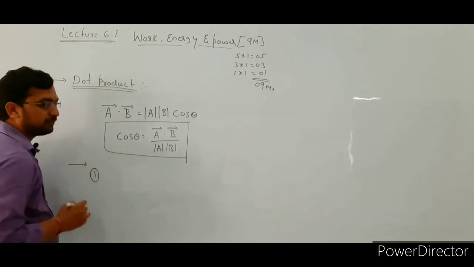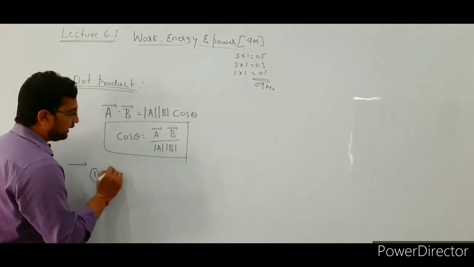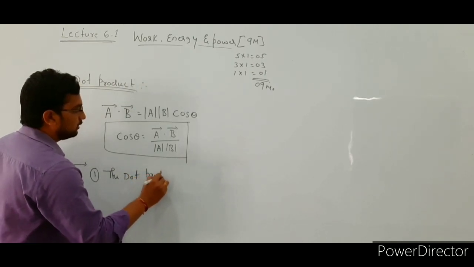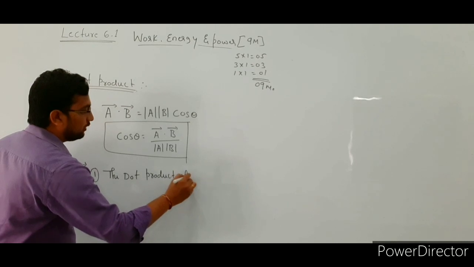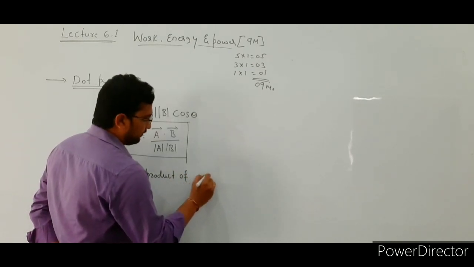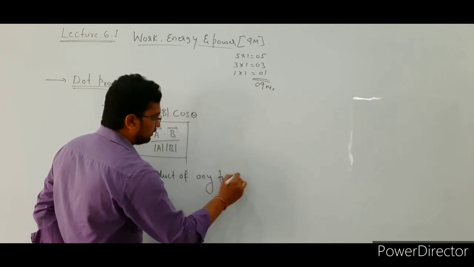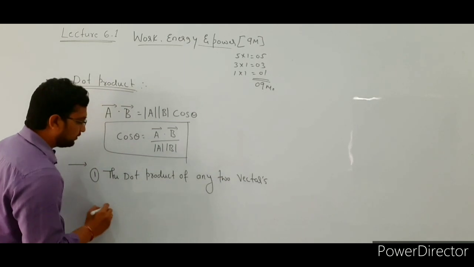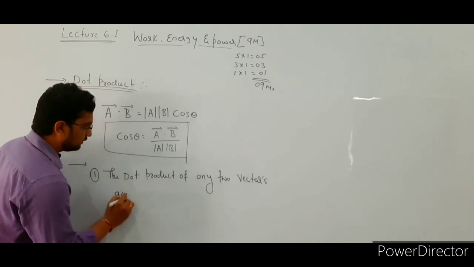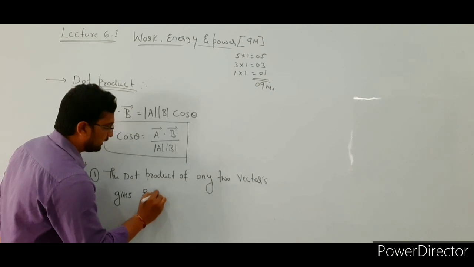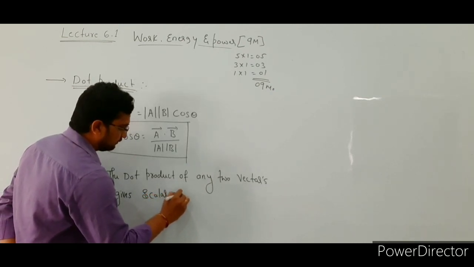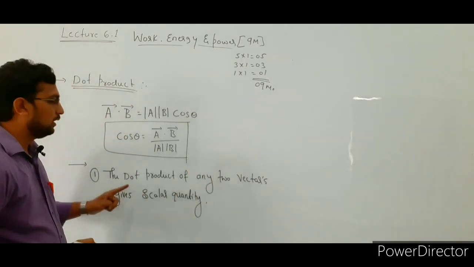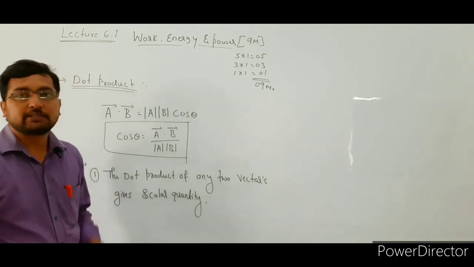The first property: the dot product of any two vectors gives a scalar quantity.